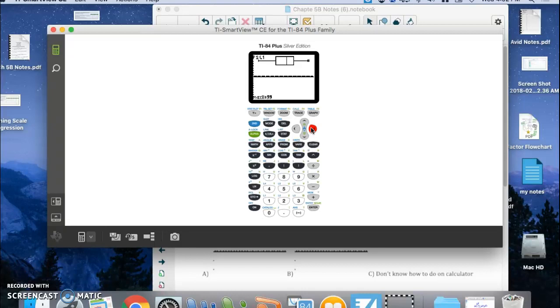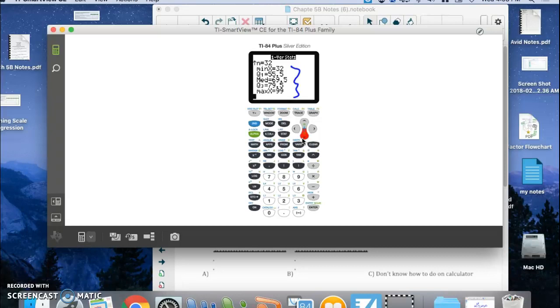The other way that I can find the 5-number summary, and this is helpful for those of you who do not have the graphing calculator, but can enter a list and do one variable stats. When you do one variable stats, if you toggle arrow down to the very bottom, you will also get the 5-number summary right here. Okay, and then you can use that to draw the picture that you need to draw.